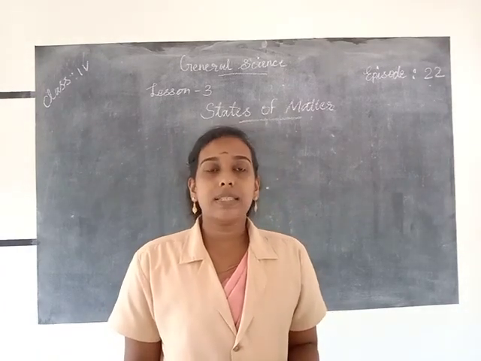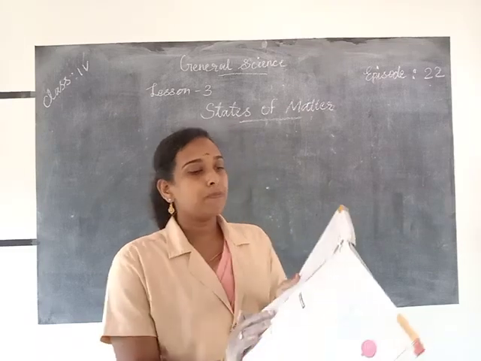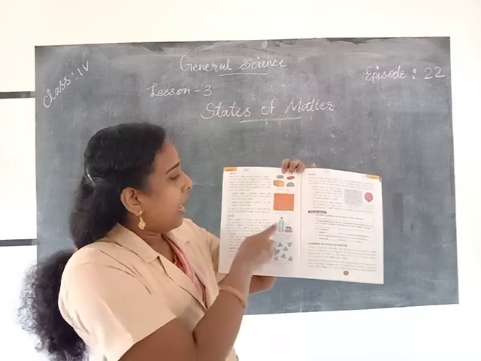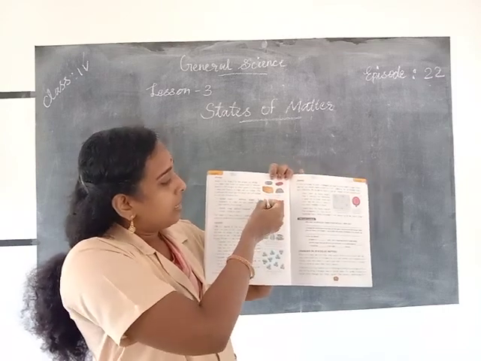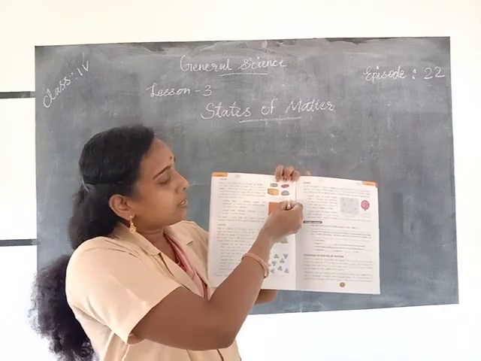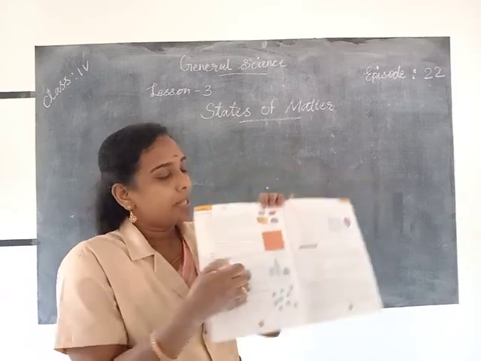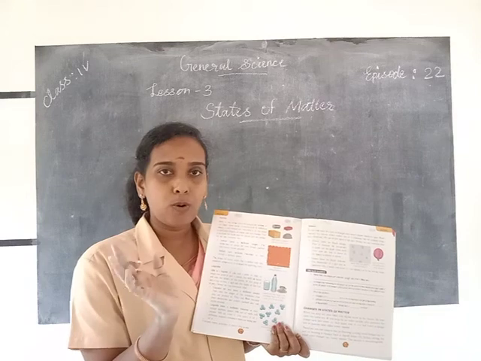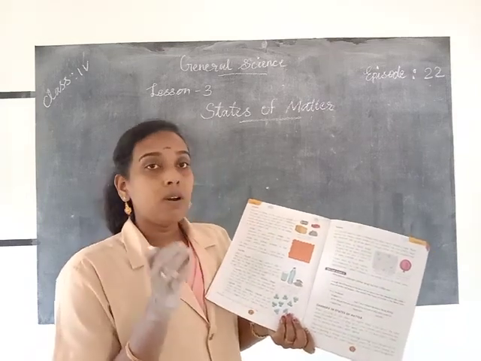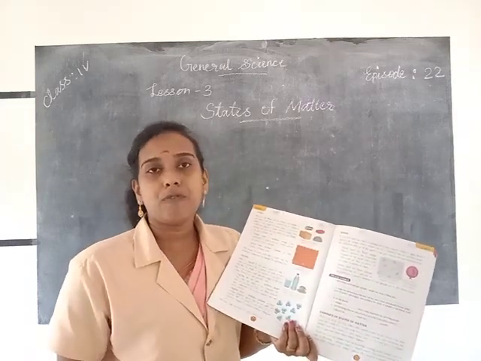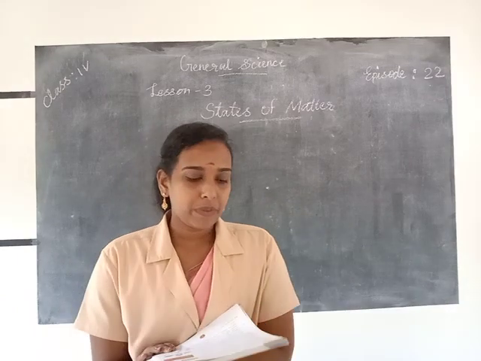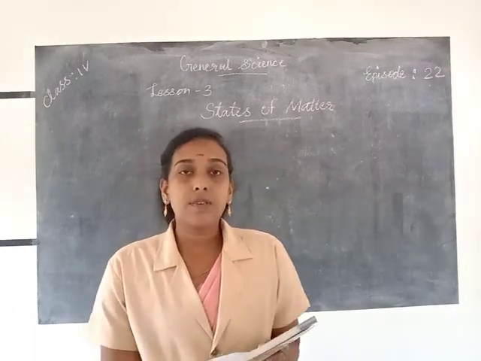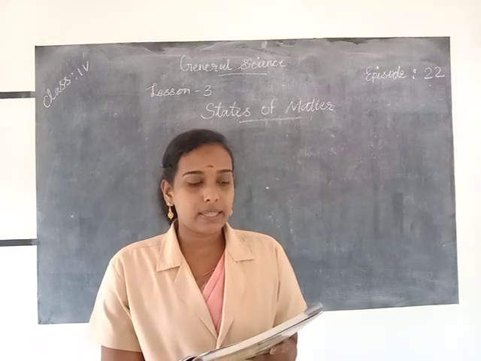And the first one is solids. Here these are examples of solid state, and this picture shows the characteristics of solid state. Here the molecules are very closely packed and they cannot move freely, so they have definite shape and definite volume. Okay, and look at your textbook. Most of the things you see around are solids.